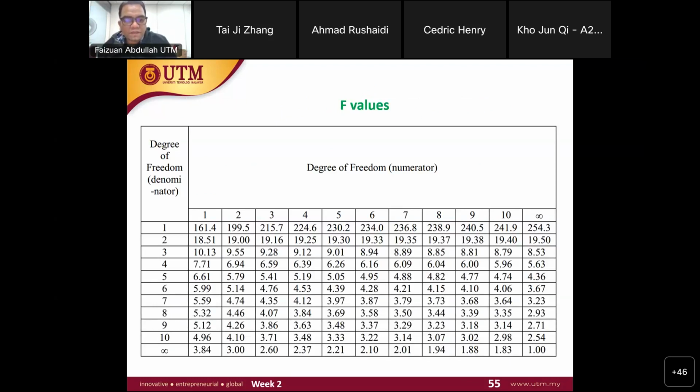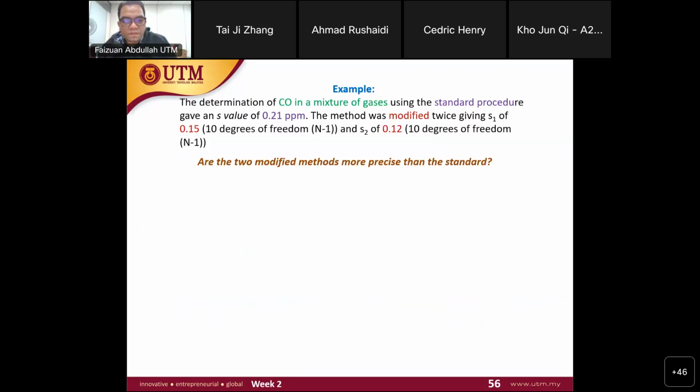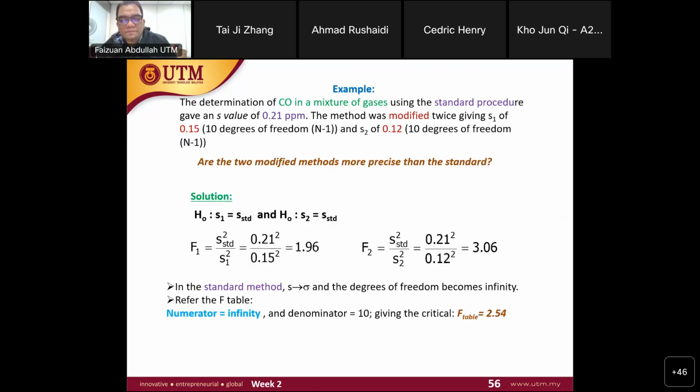We have a denominator and a numerator. The denominator given there is 10. But how do they decide that the numerator is infinity?